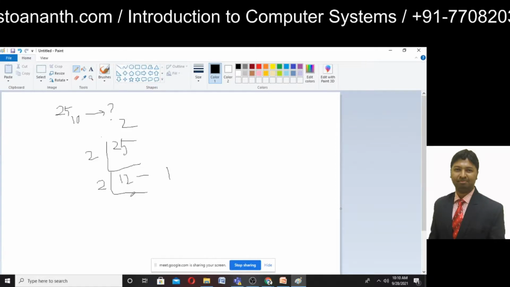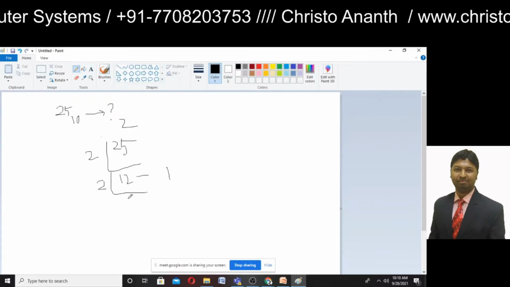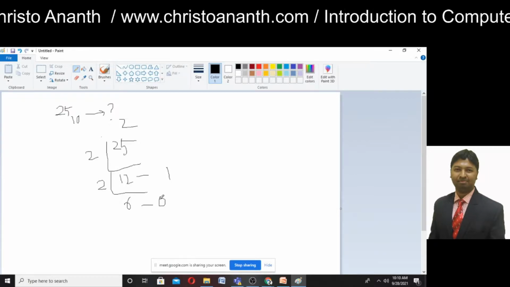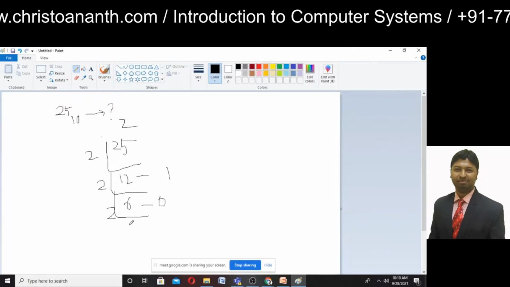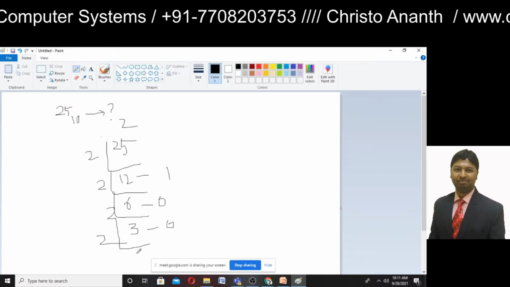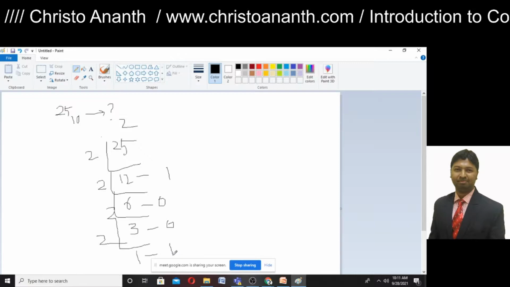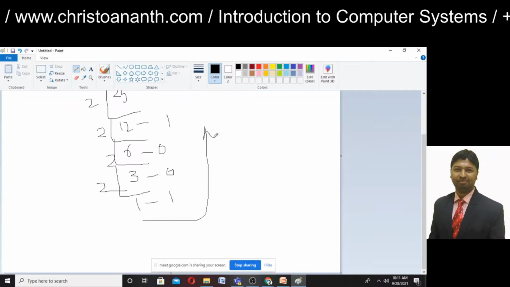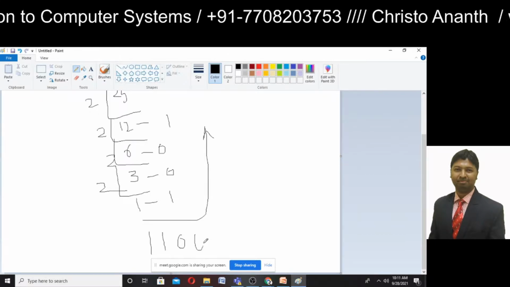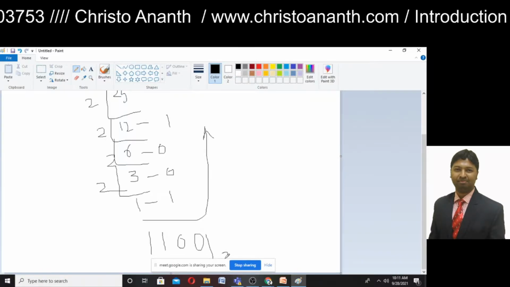You are right, but tell me the steps. You write the remainders in this way, reading from the last one: 1 1 0 0 1, to the base 2.